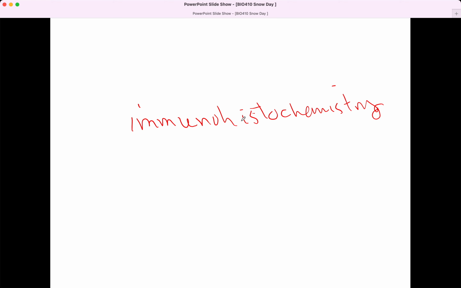Immunohistochemistry is a strategy where scientists want to be able to identify target molecules, any target molecule, and a common way to do that is to take advantage of the immune system.